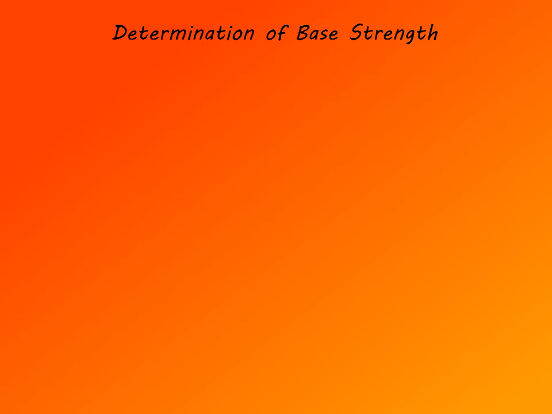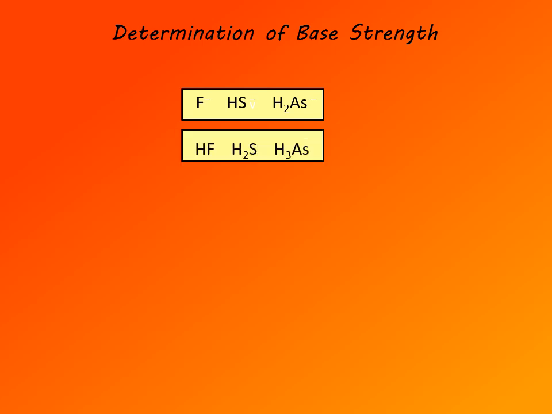Another way to determine base strength is from the strength of the corresponding acid. So for example, here we have 3 bases, and to arrange these 3 bases in the order of increasing or decreasing strength, we can look at the corresponding acids. So these are the acids HF, H2S, H3As. These 3 acids, using the previous rule, have a diagonal relationship in the periodic table, so it's rather difficult to determine their relative acid strength.